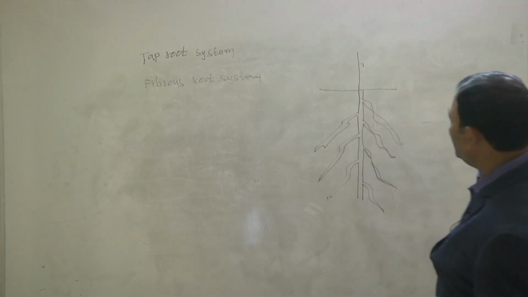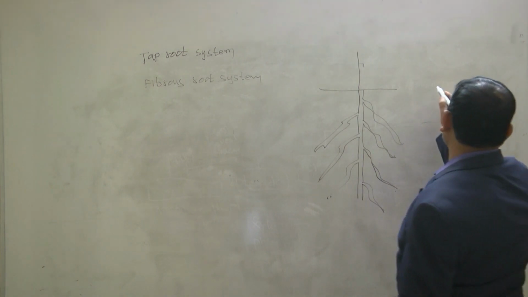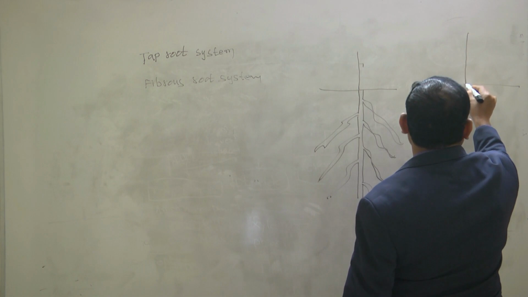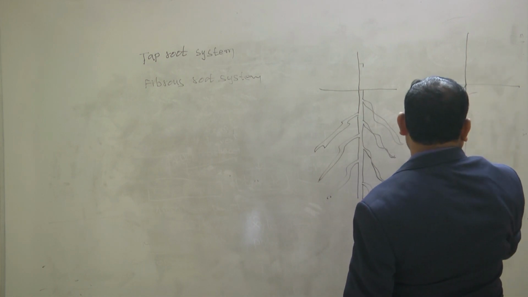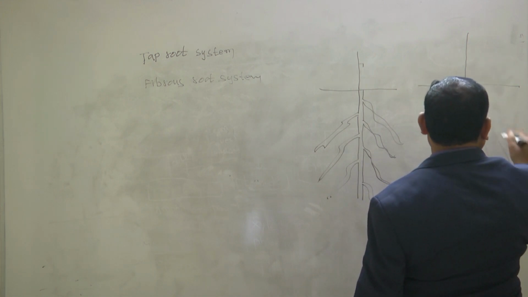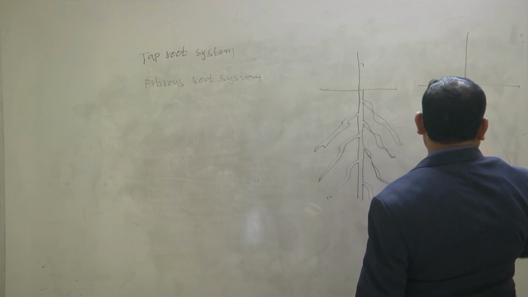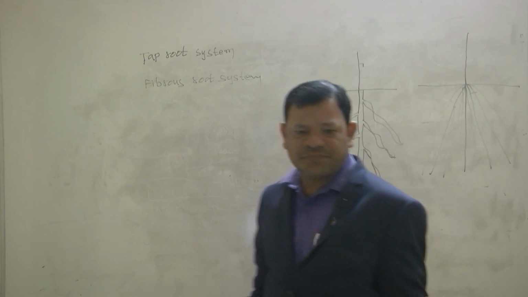So generally we can see that in the taproot system. In the fibrous root system, all the roots arise from the base. Okay, this is known as the fibrous root system.